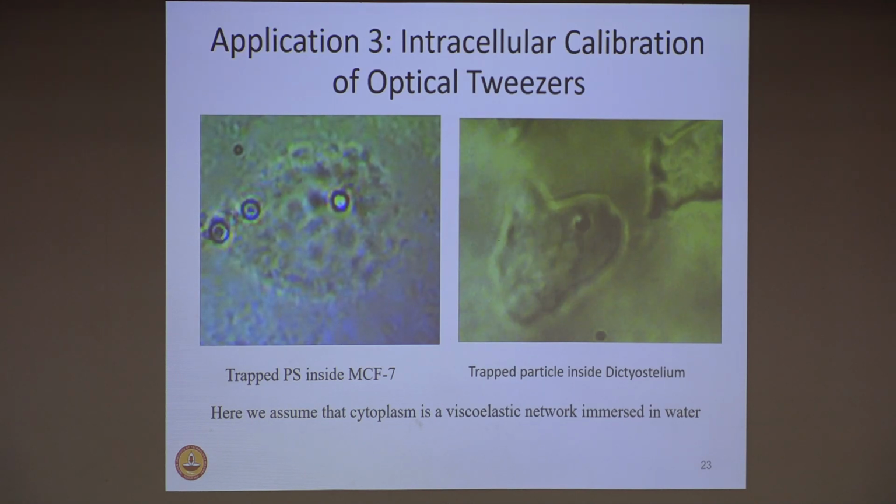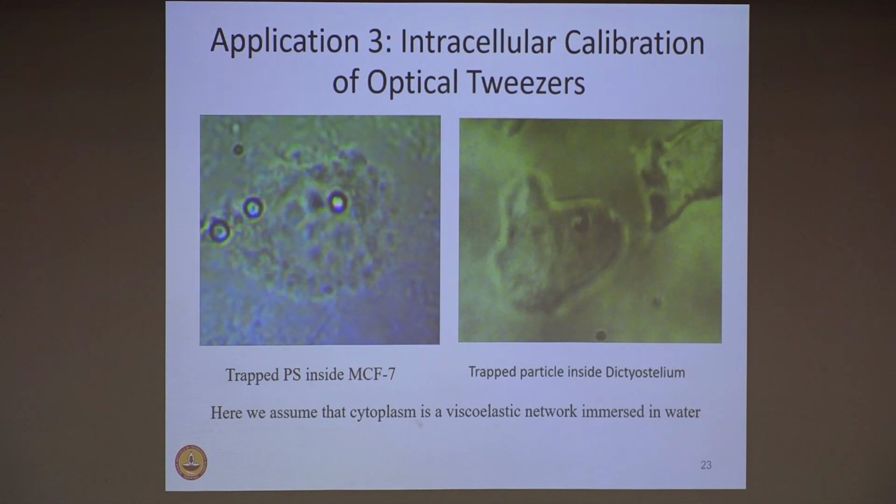Let me see if this video plays. You will see this one also doing something similar, going back and forth. This one is free, but this one is not doing anything because it has been optically trapped. This is an MCF7 cell with polystyrene particles trapped in it, moving back and forth while this one is held constant by the tweezers.